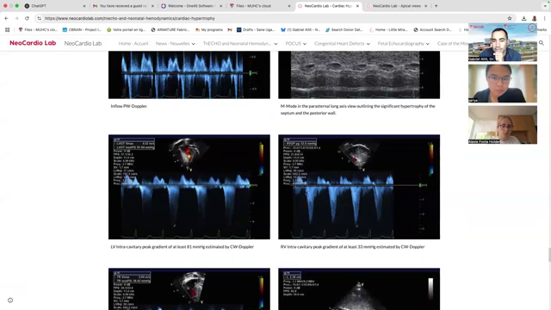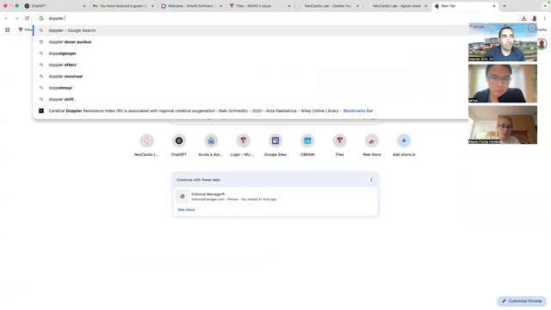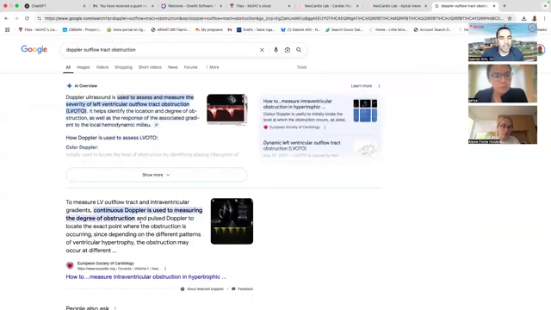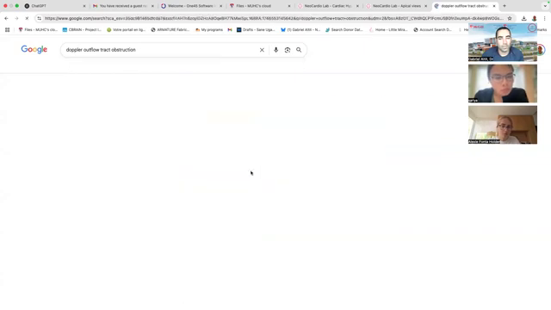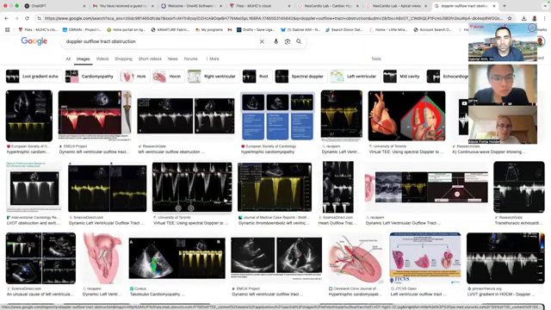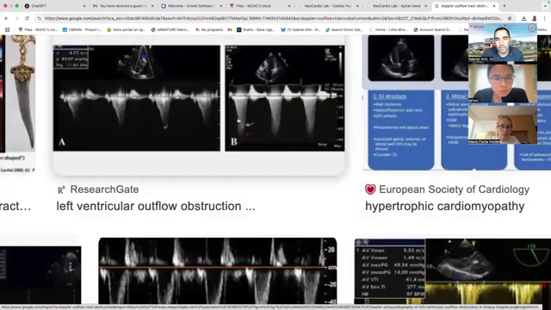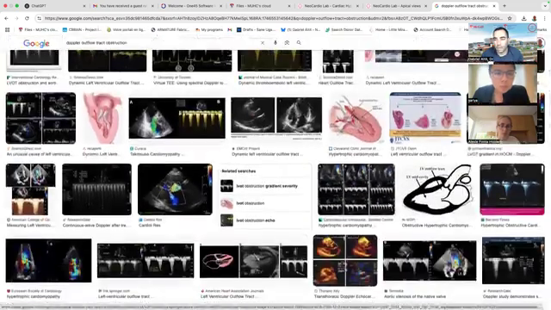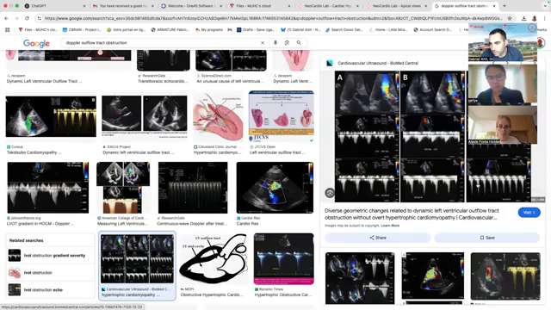It looks like this, kind of boom, boom. It has this shape with an underlying other Doppler. So they'll get this kind of sawtooth appearance of the Doppler that looks like this.